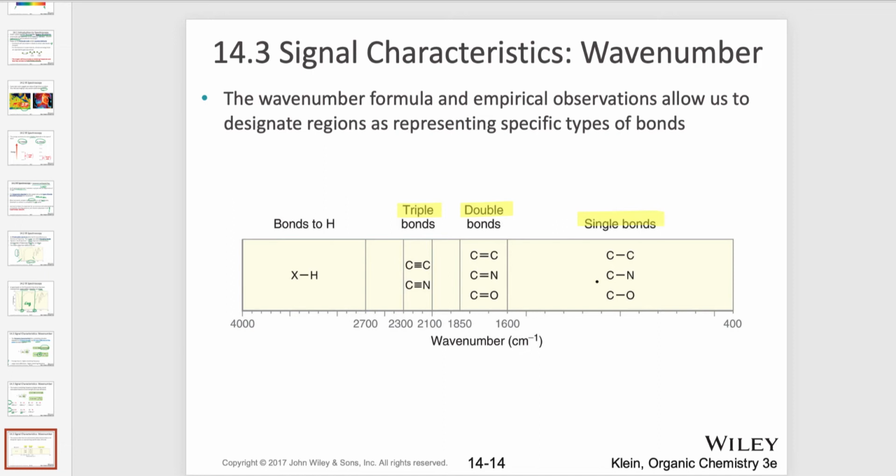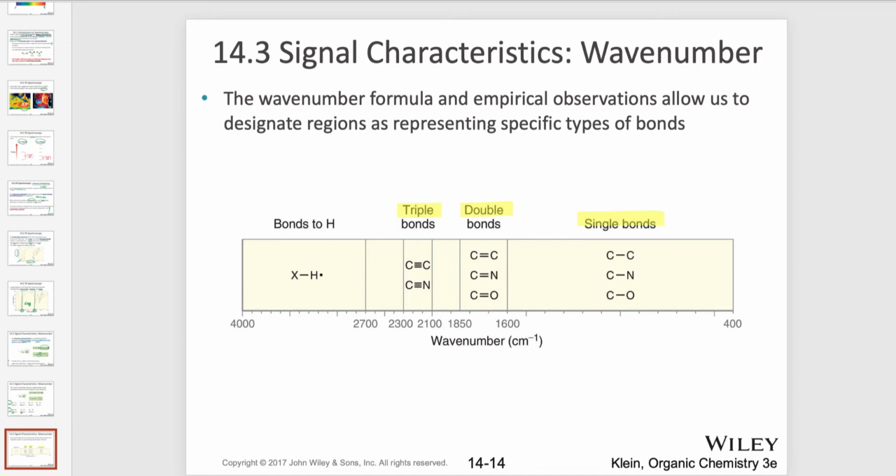So we have carbon-carbon, carbon-nitrogen, carbon-oxygen. Here it's carbon-carbon double, carbon-nitrogen double, carbon-oxygen double. And then we can have triple bonds between carbons, and here also something that would be in a nitrile functional group. And all the way to the left, see how it's above 2700, we have all the bonds to hydrogen.